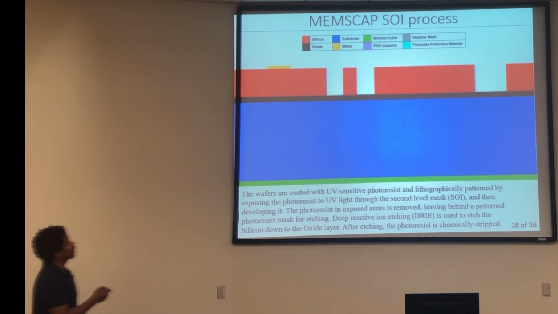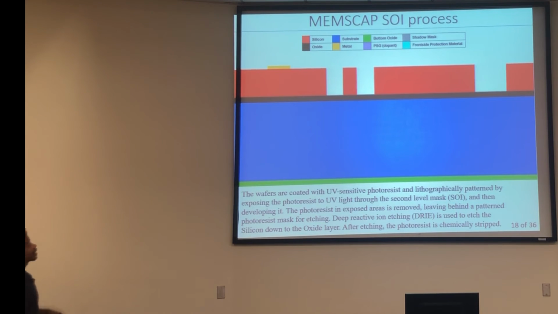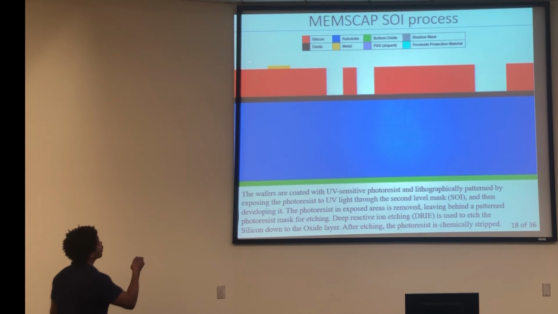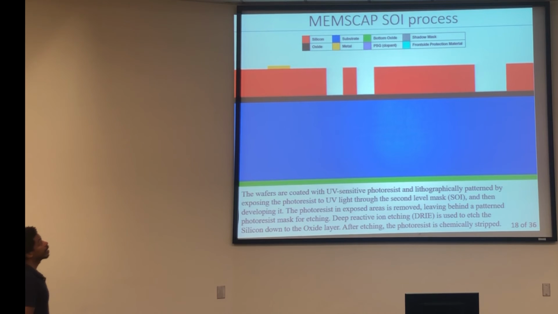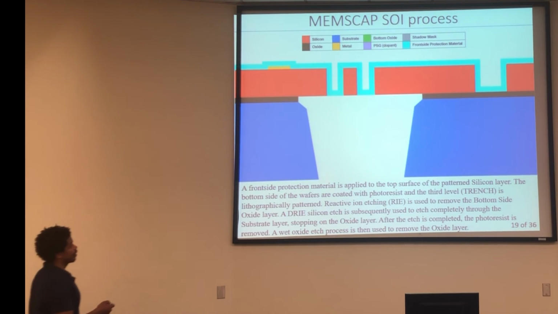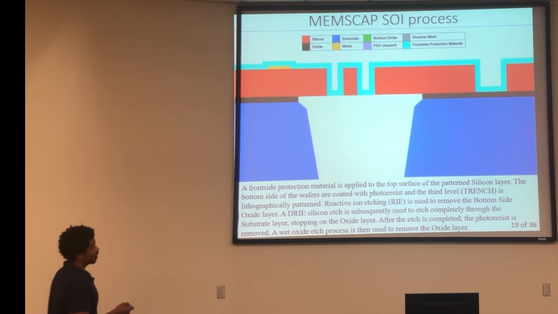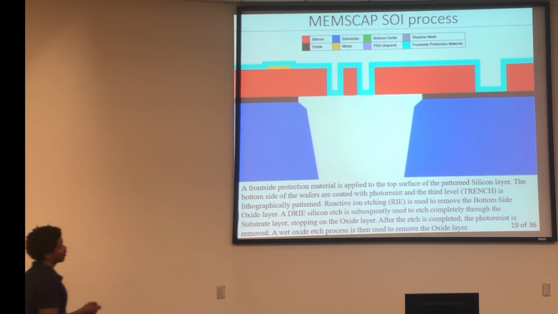The next thing you do, again, you play around with your photoresist, you protect these areas, you protect this little top area, you protect this area. These are the holes where the light came through and broke the bonds, and then you etch this stuff out right here. Okay? Then the next step is you etch out the backside. Remember, you have like 300 microns, maybe 400 or 500 microns to etch through.